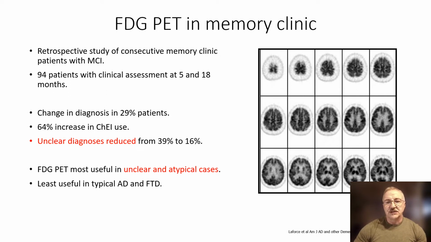Once somebody has entirely typical established Alzheimer's disease or frontotemporal dementia, they don't need a PET scan. It's very clear to the family and to the clinician what the diagnosis is. Our job is really about imaging early patients in which it's uncertain what their diagnosis is. And I would say that I rarely image people with MMSEs less than 25. That would be unusual.